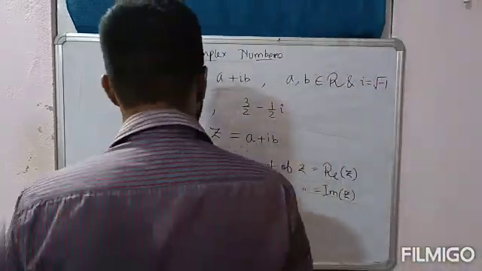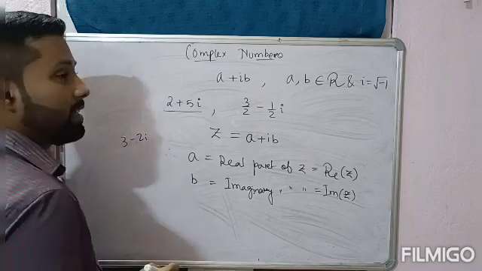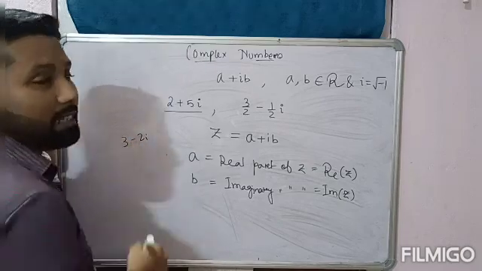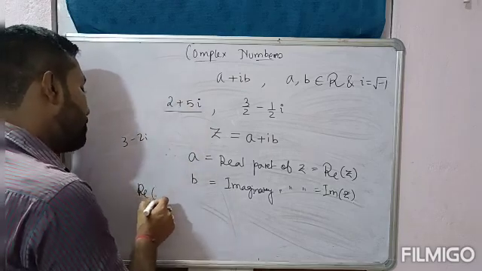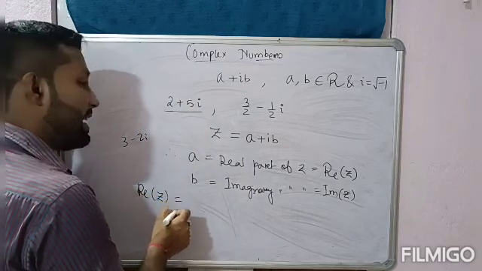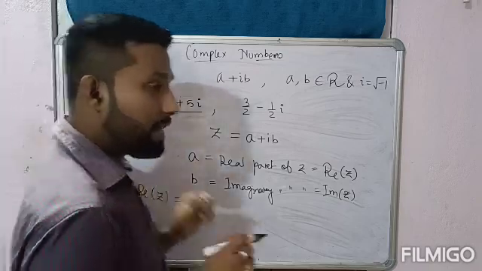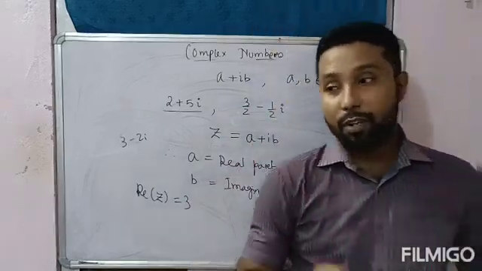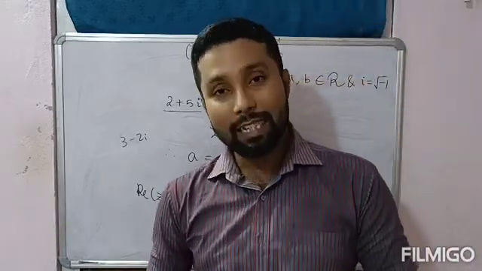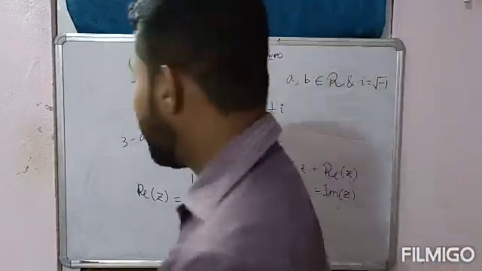Okay, so if I take one example, say 3 minus 2i, write down the real and imaginary part of this complex number, then what will you write? The real part of this complex number, say z, the real part of z is equal to 3, because 3 is the element which is free from i. तो ये पूरा free from i, मतलब उसमें imaginary term नहीं है, तो ये purely real है. So this is the real part of z.